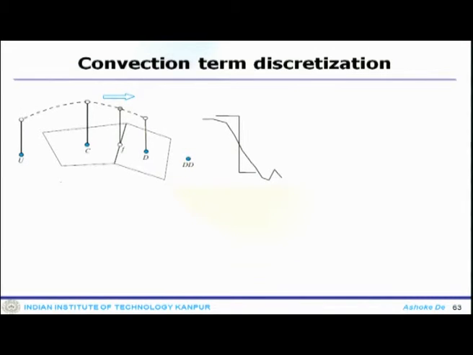So, this is the dispersion error causing oscillation in the presence of large gradient. So, that is what happens.